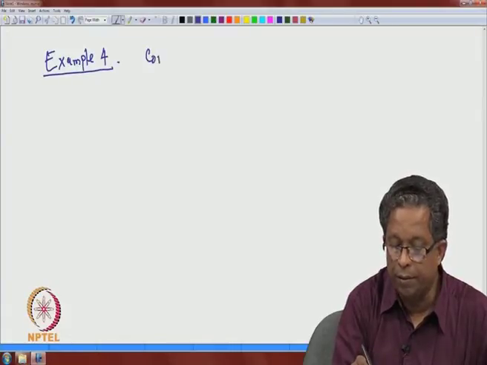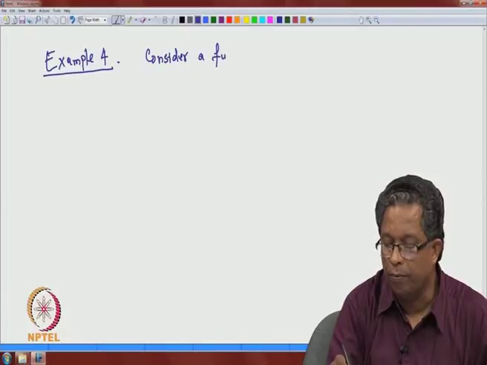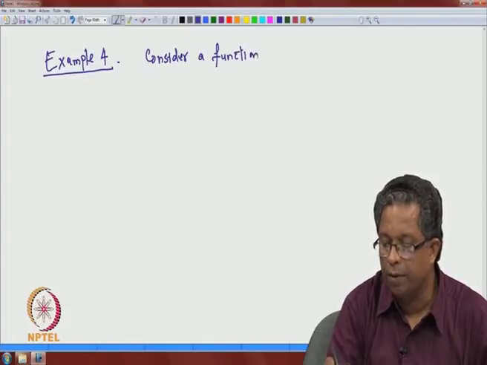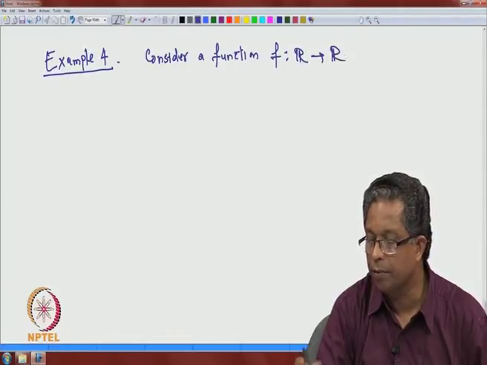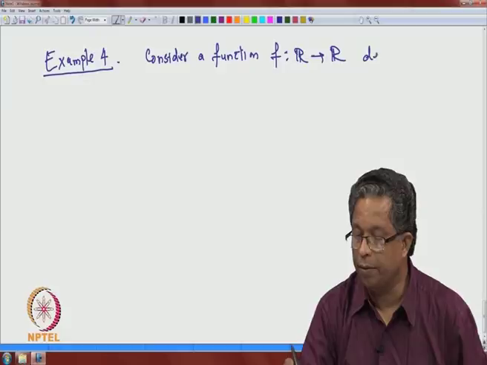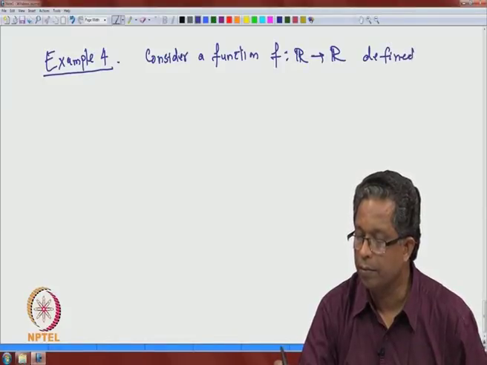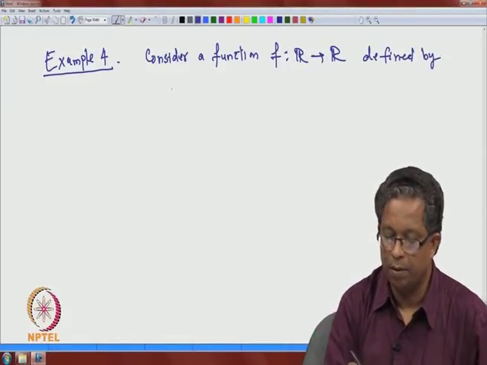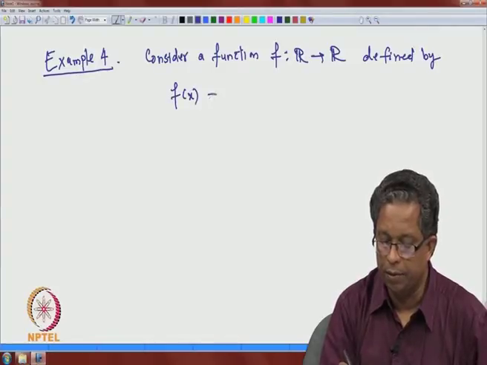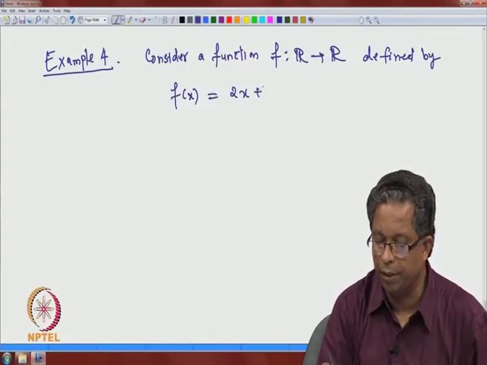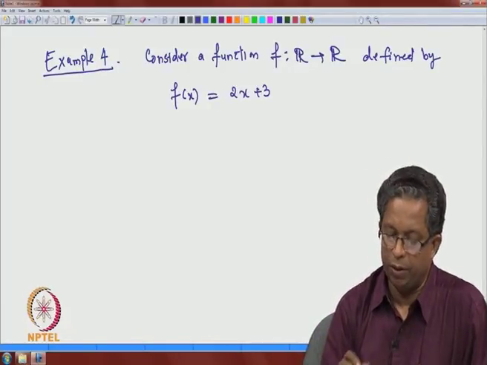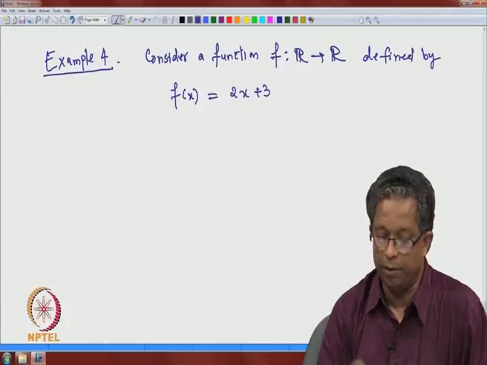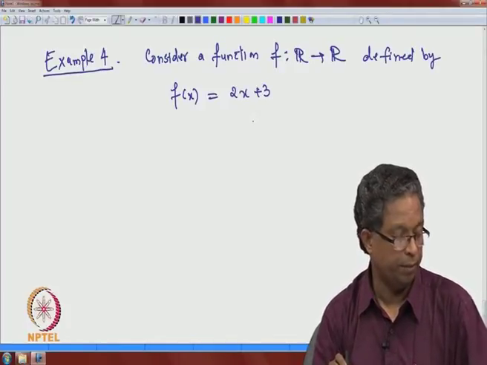Consider a function f from R to R defined by f of x is equal to 2x plus 3. Obviously this function is not a linear function.